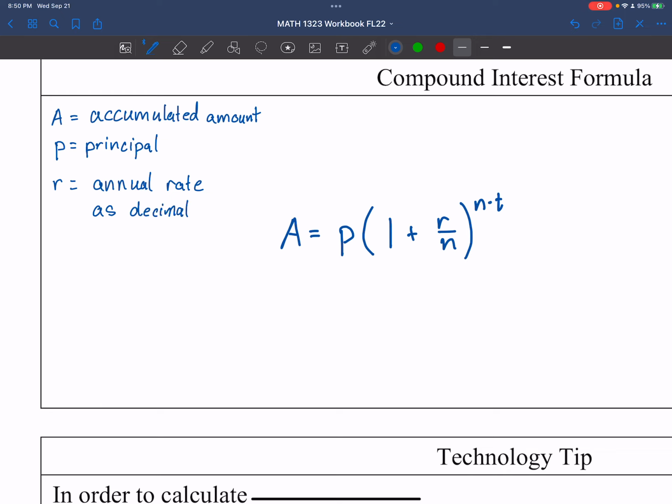And N, I'm going to put N in green or a different color. We'll have to talk about N a little bit more. It is the number of compound periods, such as yearly, monthly, daily, and so on, and I'll write some common ones here in a moment. And then T is the time.